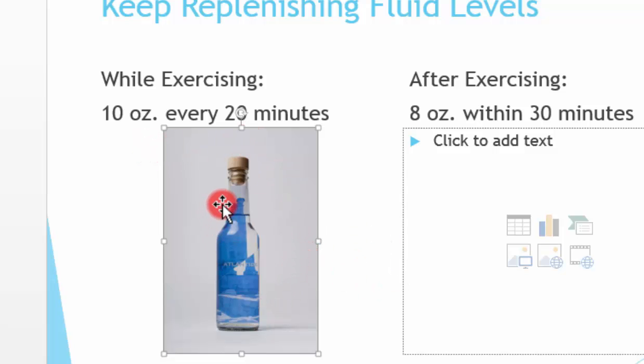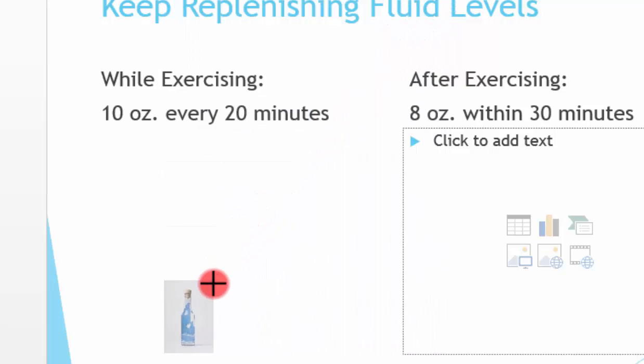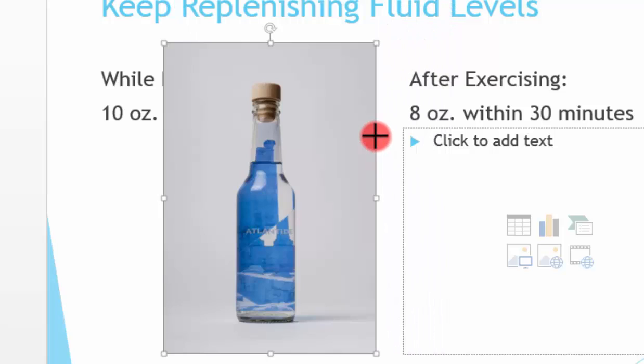Now, there are three ways to resize a photograph. Using these little squares on the side, when you choose a corner, whether it's the top left or right or bottom left or right, those will size your picture proportionally. Notice how it stays the same, it just makes it bigger and smaller.